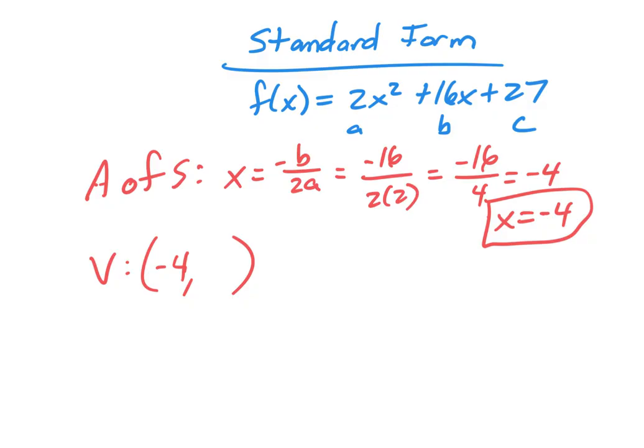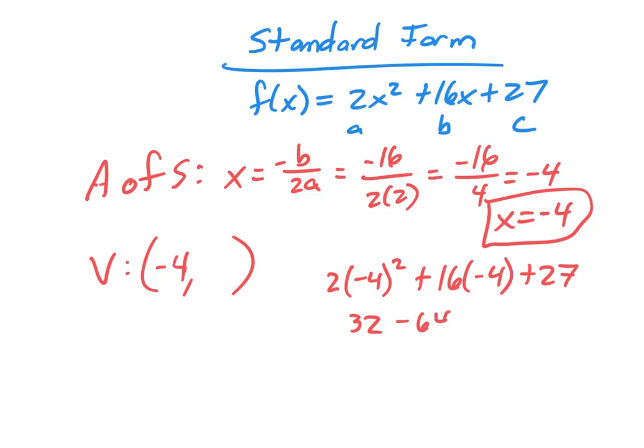Yeah, we have an equation, right? So let's just plug it in. We're going to put -4 in for x. Really be careful of your signs, and that's why I'm using parentheses here, because when I square -4, that becomes a positive 16. So this is really 32 minus 64 plus 27.